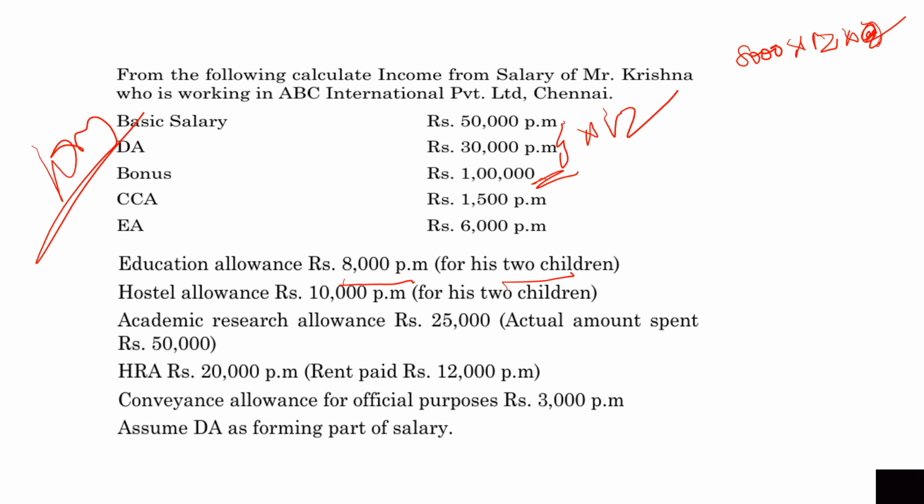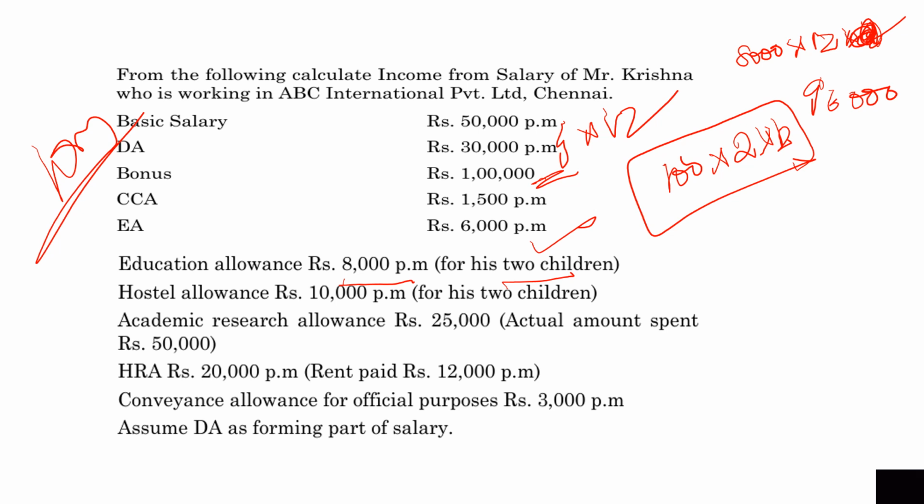You will get 96,000. 2 வராது ஏன்னா questionல 2 childrenக்கு சேர்த்தே 8,000 per month சொல்லிருக்காங்க. So 96,000. Maximum exemption limit will be only 100 per month into 2 children for 12 months in a year. So maximum exemption limit will be 2,400 only.